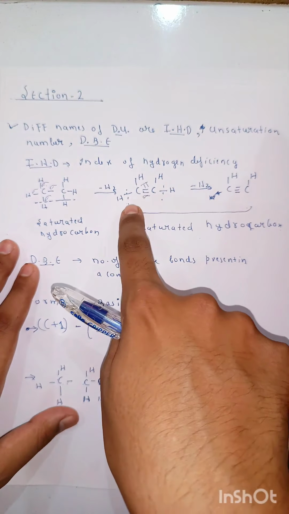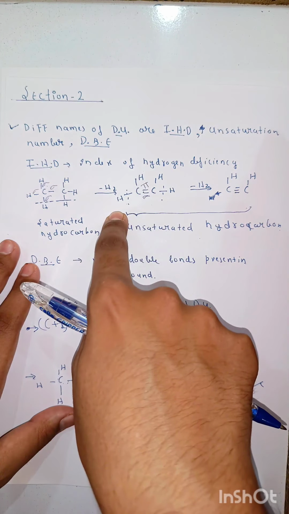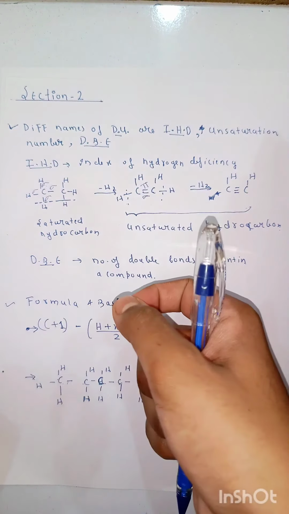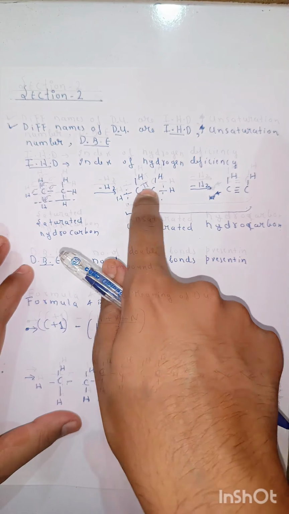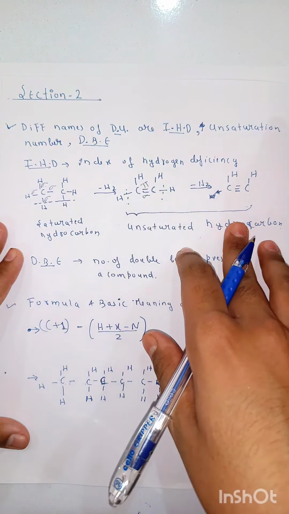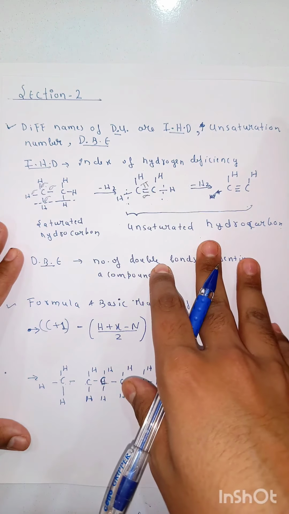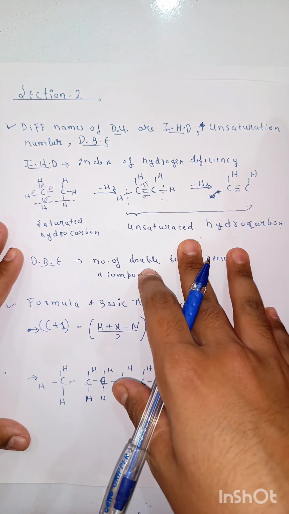Why? Because see here, C is attached to only two hydrogens. C can attach with one hydrogen, but it preferred to link with carbon by a pi bond. So since ethene has formed one pi bond, it has lost some of the H, and it has a deficiency of hydrogen.